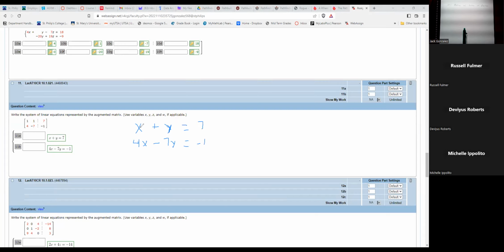If they are not in order, let's say the x's are switched with the y's or whatever, just put them in order: x's first, y's, z's, etc. And then just convert it to your matrix.